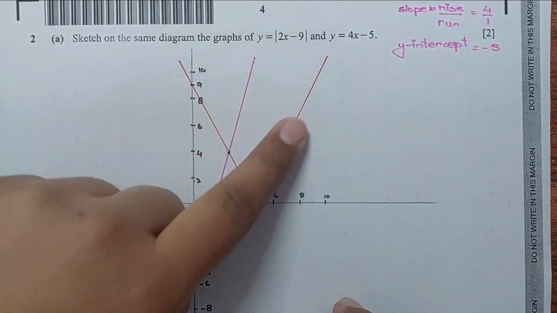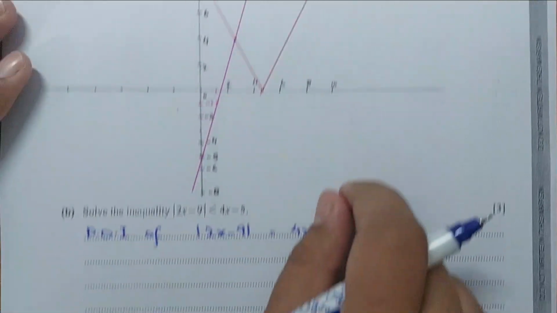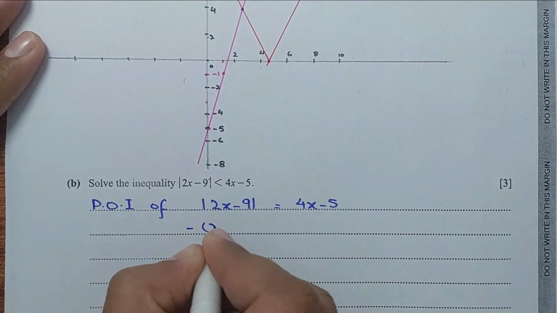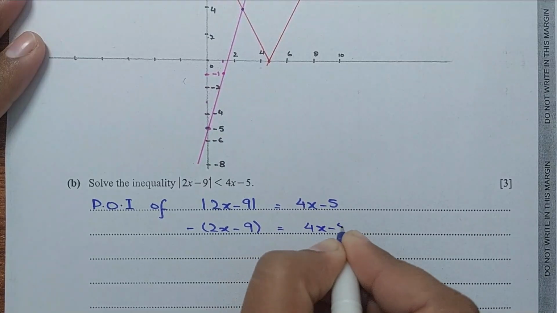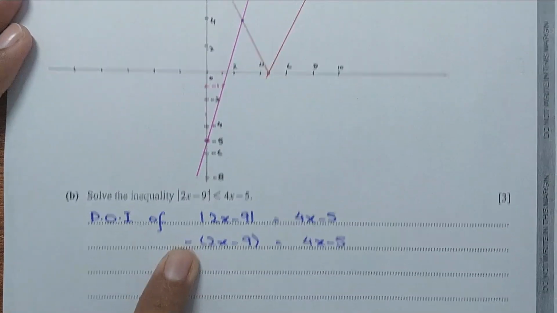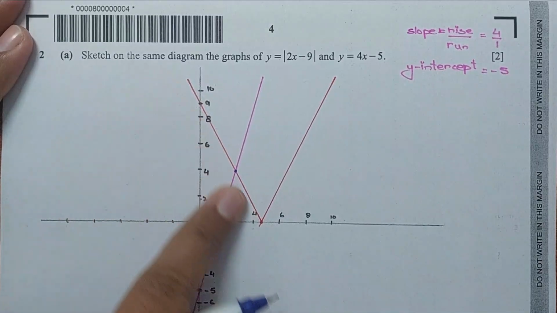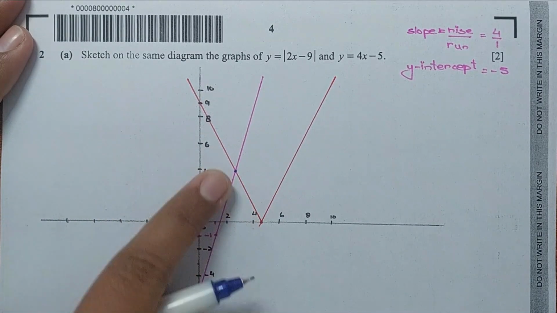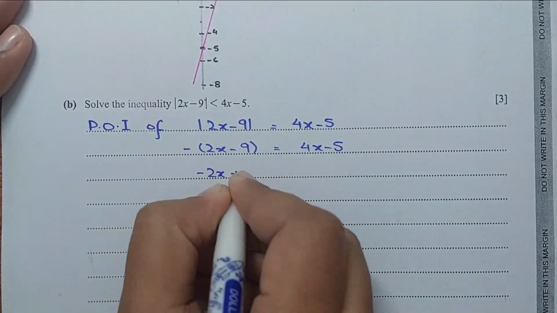So not with 2x minus 9, but with the negative of 2x minus 9. Okay, so it is the negative of 2x minus 9 equals 4x minus 5. I hope this is clear why I put the negative sign, because you can see with the negative of the absolute function we have the point of intersection, not with the positive one, right? Okay, so here we have minus 2x plus 9.